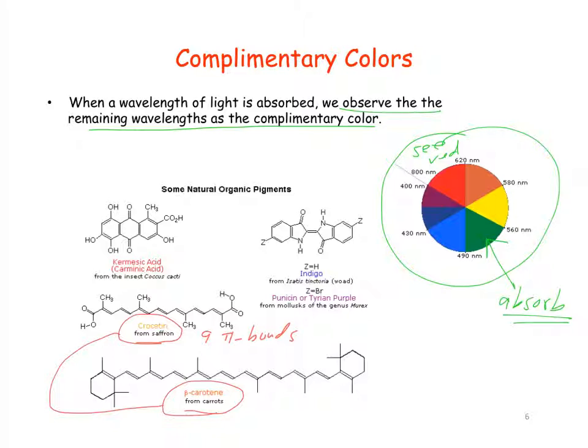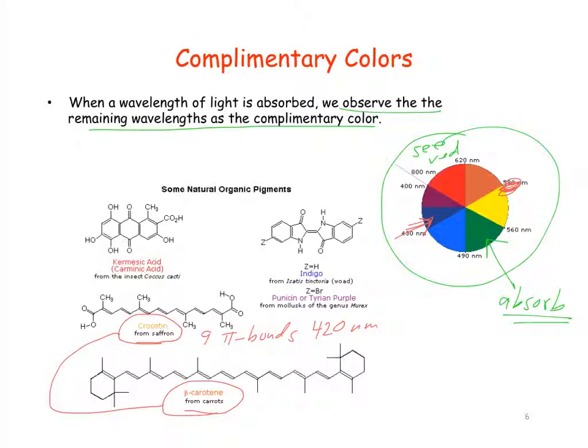This color here is supposed to be what color it looks like. That's kind of in the yellow or orange, right? And if it's yellow or orange, it might be over here somewhere. That means it's absorbing over here, maybe at 420 or something. Then let's look at beta-carotene.